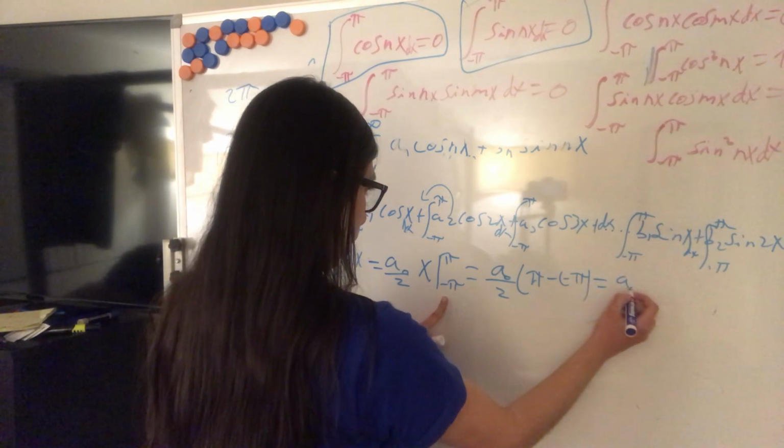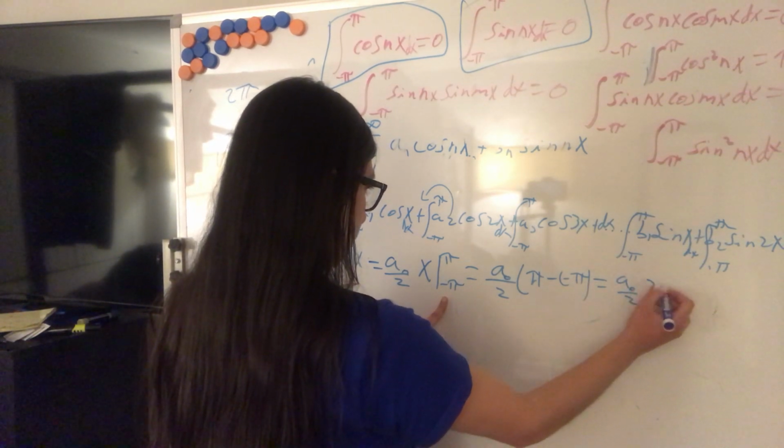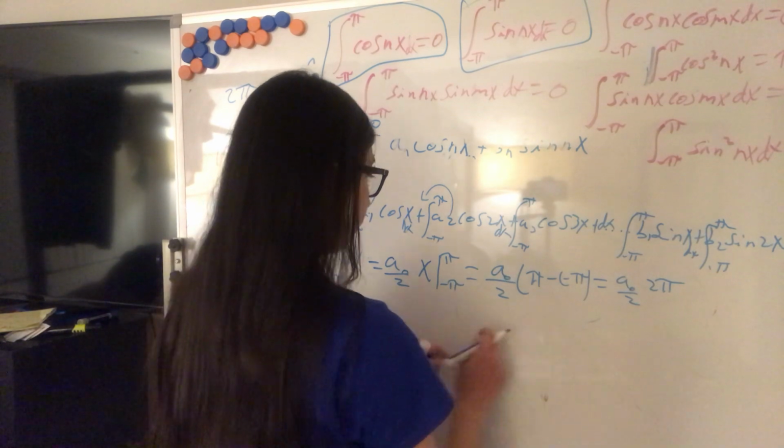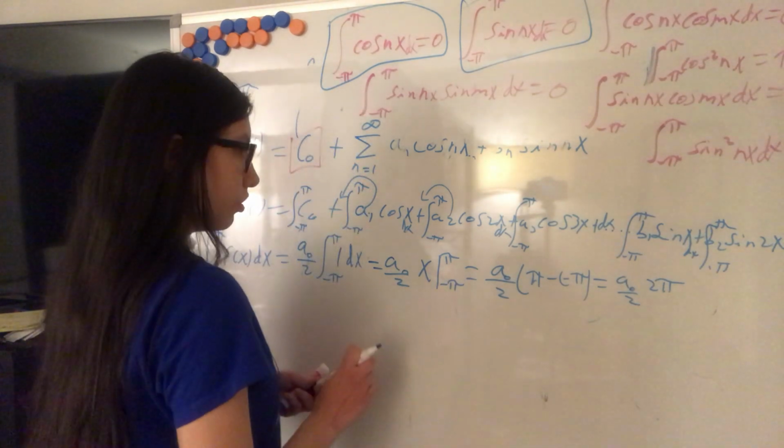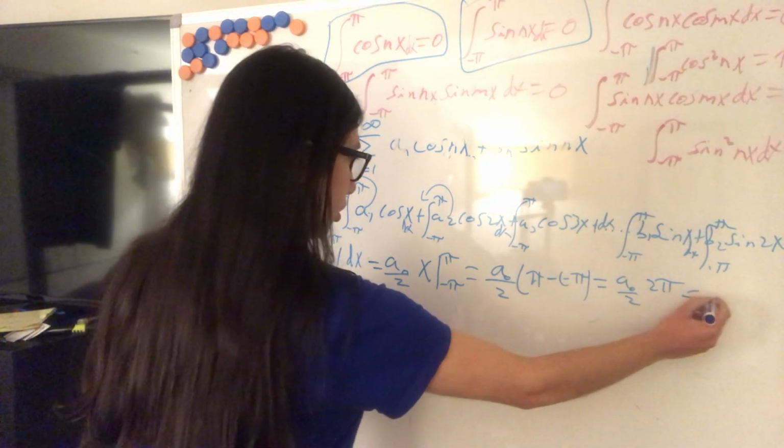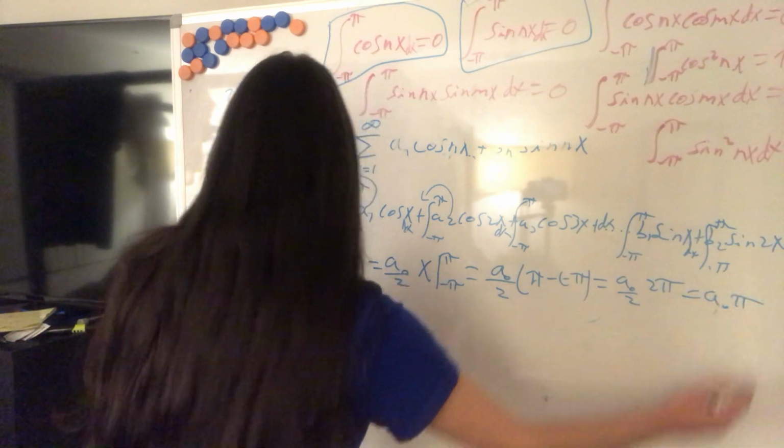So this is a naught over 2 times 2 pi, so you have just a sub naught times pi.